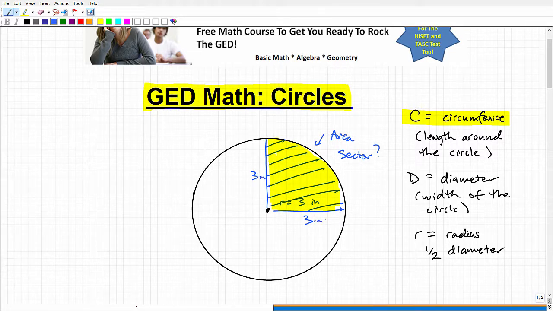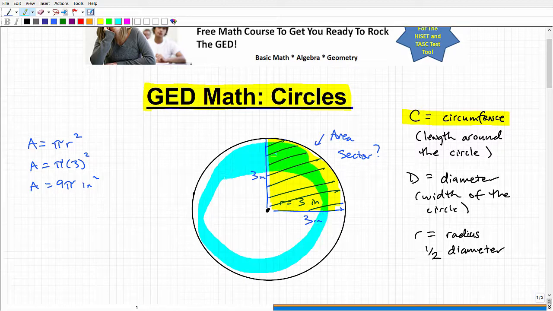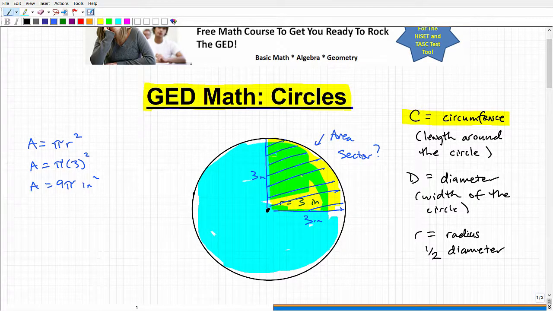Any ideas? Well, let's first find the area of the entire circle. So this is going to be what? Pi r squared. We just got done doing this problem, so I'm just going to repeat it. That's going to be 3 squared. 3 squared is 9, so the area is 9 pi inches squared. But that's the area of the entire circle. I want the sector, and the sector is only 1/4 of the entire area.